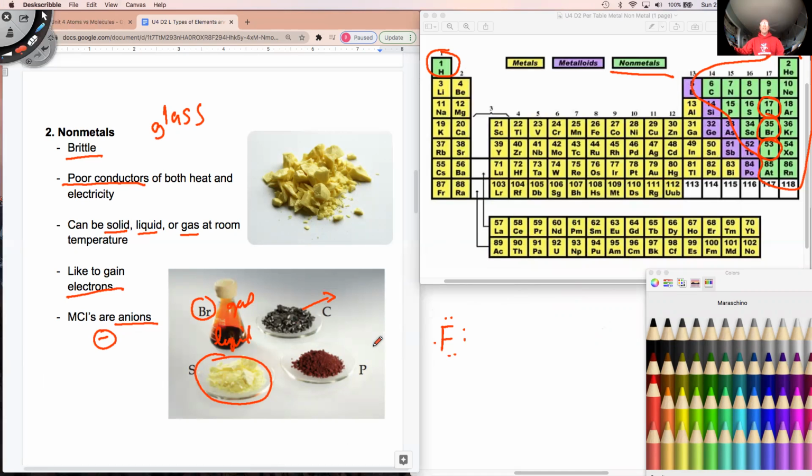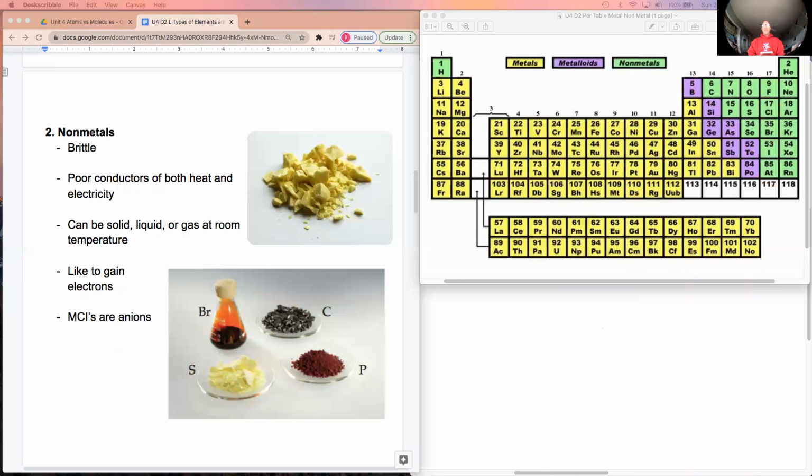Fluorine wants to gain just 1 more electron. So electrons go towards fluorine. Fluorine will pull electrons in and turn into F minus, and that would have 8 valence electrons. That would be what we have for nonmetals.